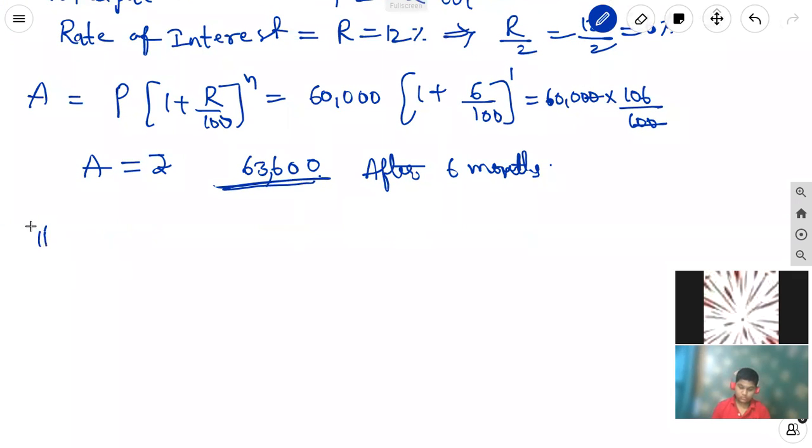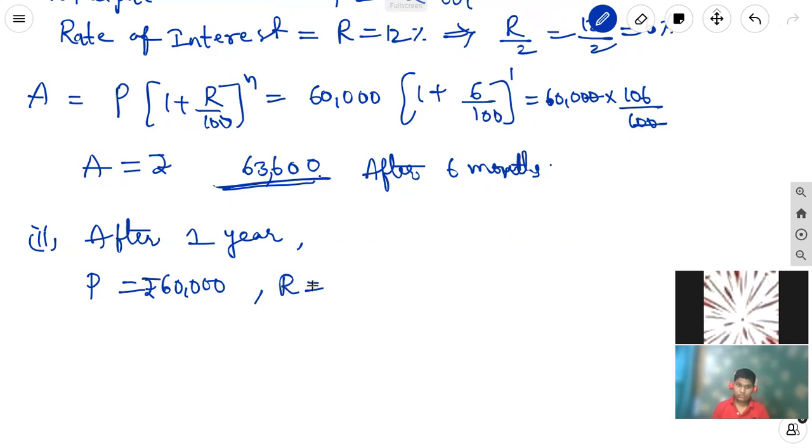Second case is after 1 year. After 1 year means here principal amount is 60,000 rupees. Okay. Rate of interest R is equal to R by 2, that is 12 by 2 is equal to 6%. Next, n equal to twice of the half yearly.